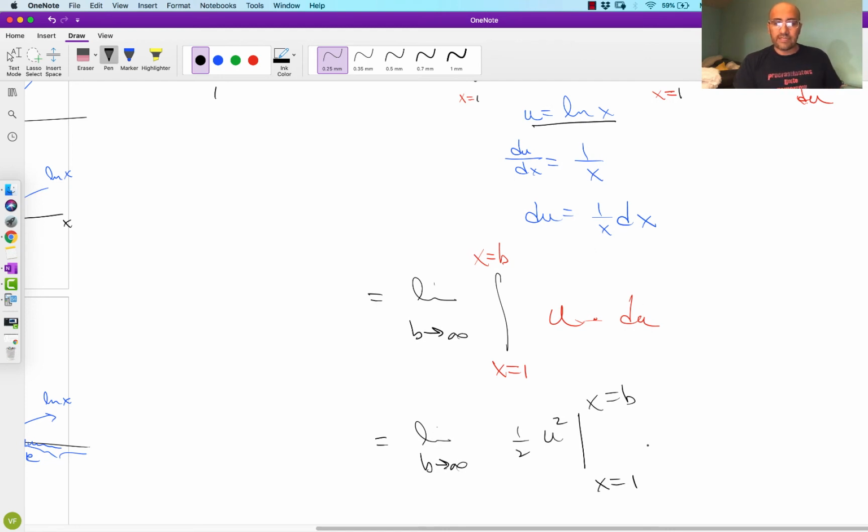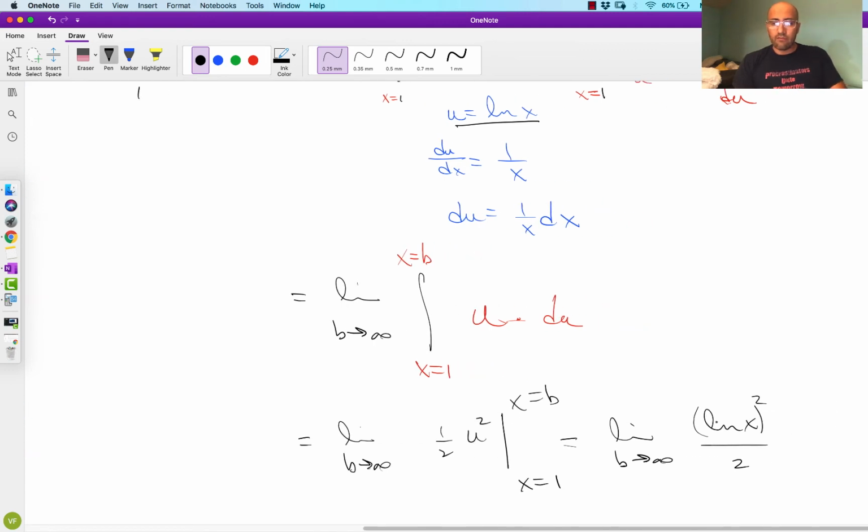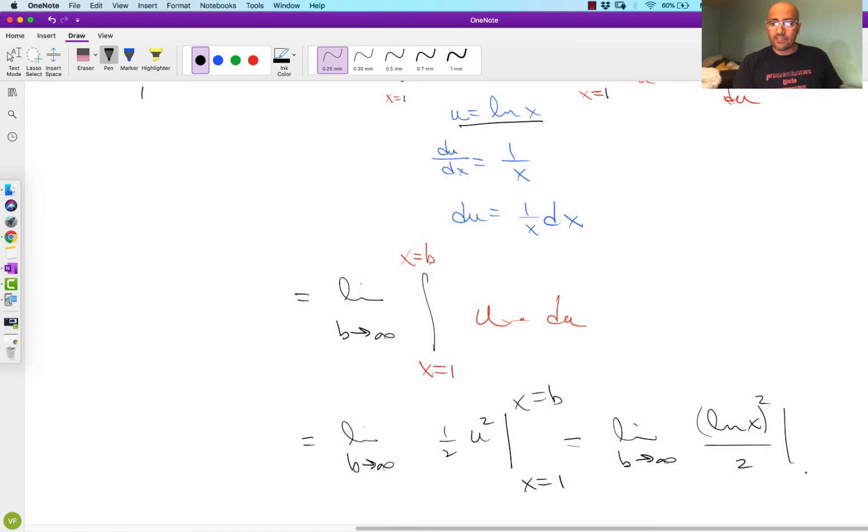So now I'm going to say that this is equal to the limit as b goes to infinity of ln of x squared divided by 2. That's just replacing that u with ln of x, evaluated as x goes from 1 to b.